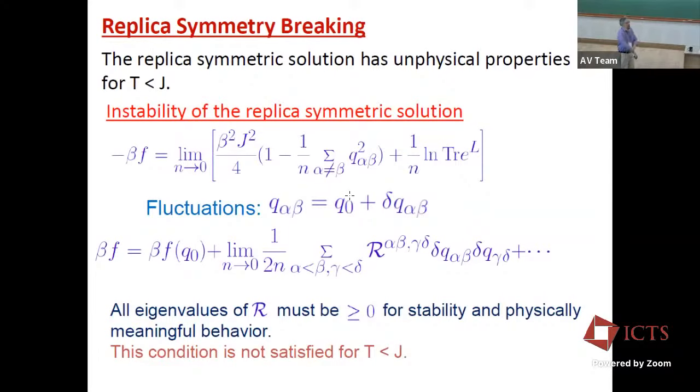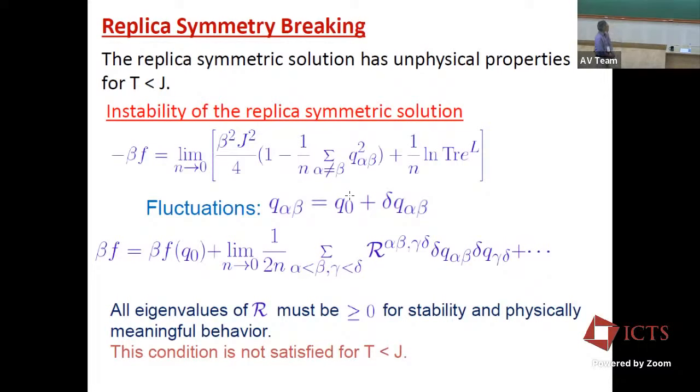The replica symmetric solution that Sherrington and Kirkpatrick wrote down is sort of the simplest solution that one can think of. Unfortunately, that solution does not describe the physics in the spin glass phase. In the paramagnetic phase, there is no issue. But as soon as you go into the spin glass phase, one finds that one eigenvalue of this Hessian matrix becomes negative.